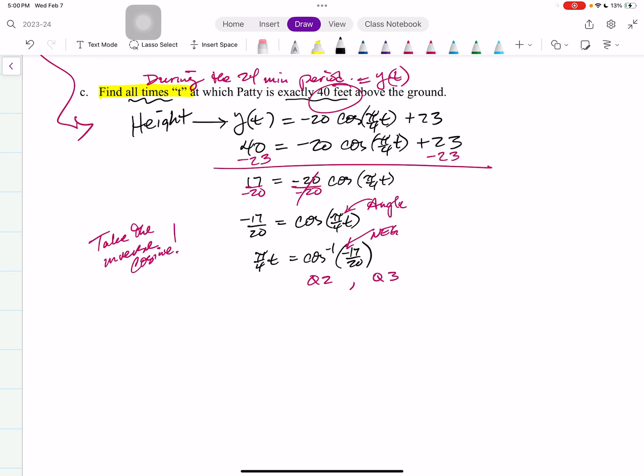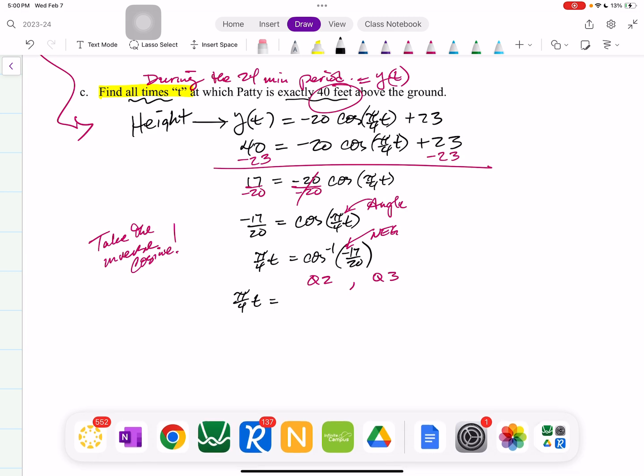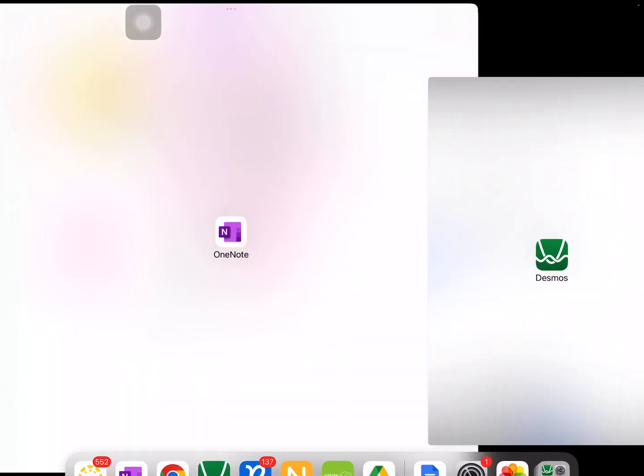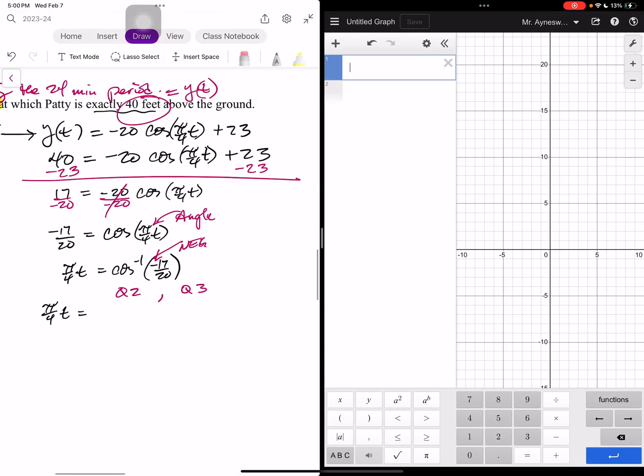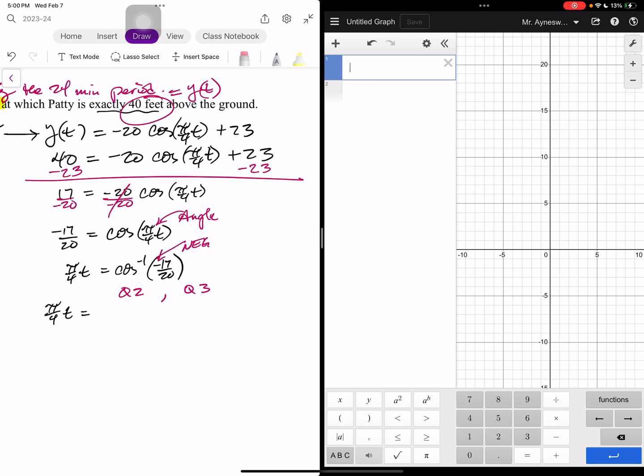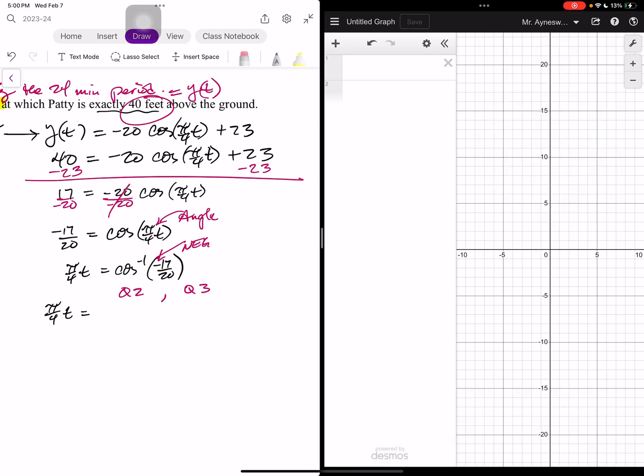So here we go. So pi/4 t is going to be equal to some angle in quadrant 2. I'm going to use Desmos here just because I'm on an iPad. All right, you guys can use the TI-84. That's fine. Just set it to radian mode, and so we can work with it here. So I click on the wrench. I'm in radian mode.